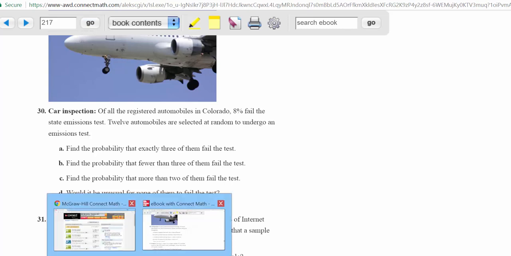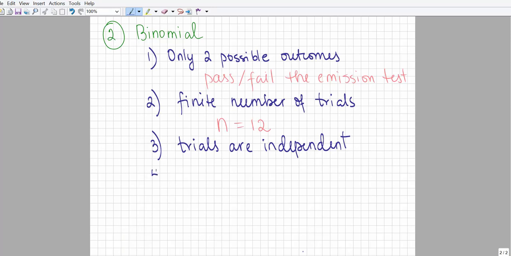And then the probability should be the same, same P for all trials. Okay, and this one is also typically true. So really what you need to think about is, are there only 2 possible outcomes, and do I have a finite number of trials?